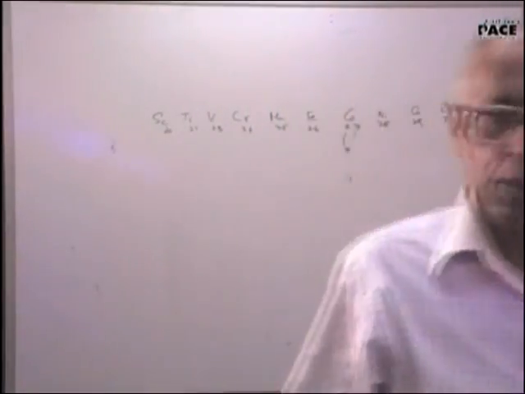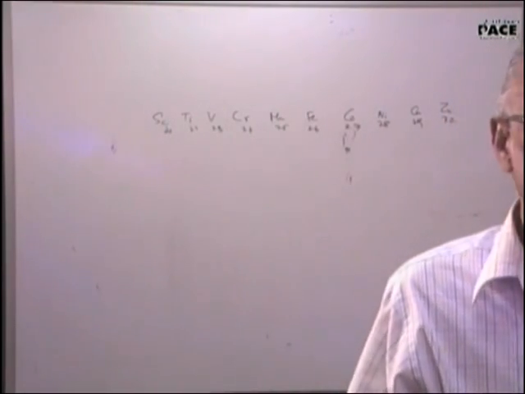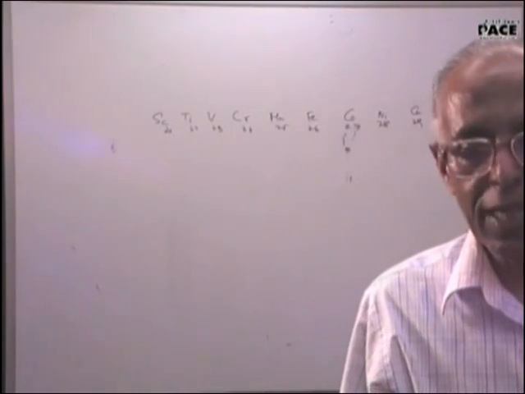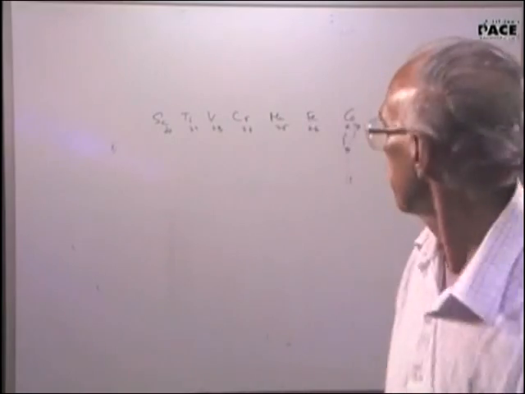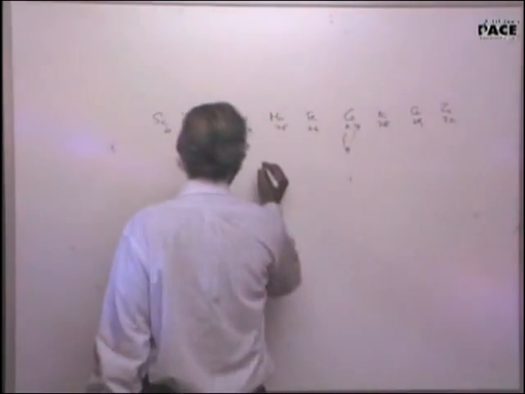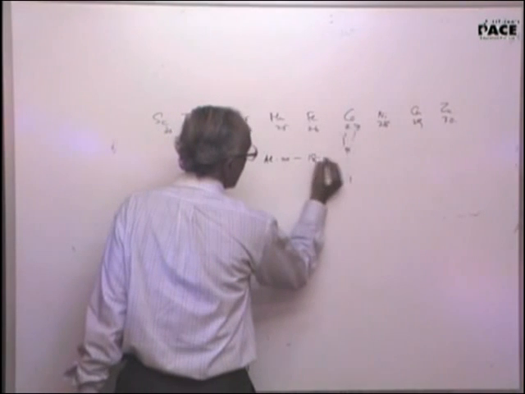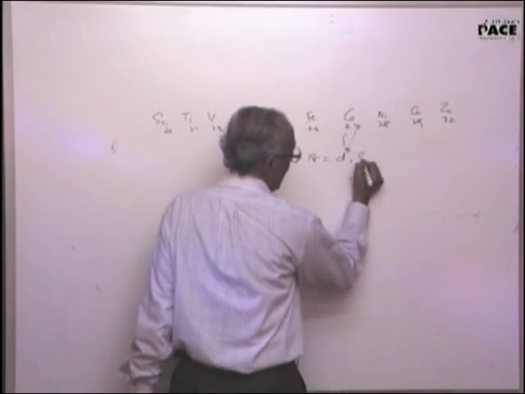Now, in your question paper, they will give you the atomic number. How do you know the electronic configuration? Atomic number minus 18 equals the number of d and s electrons.